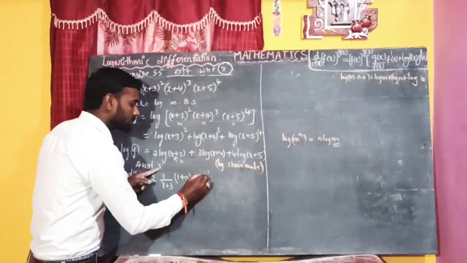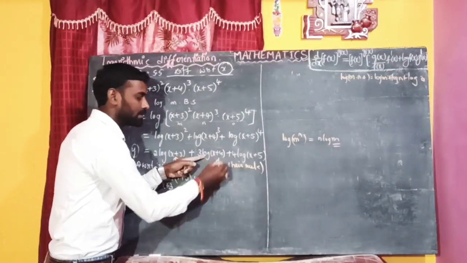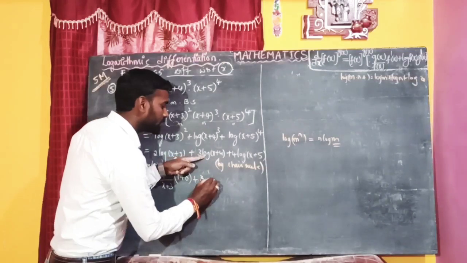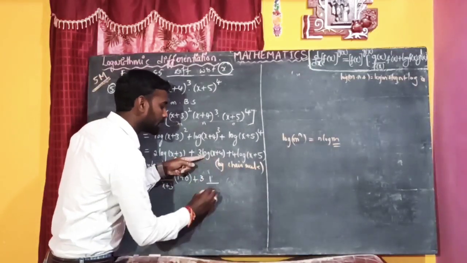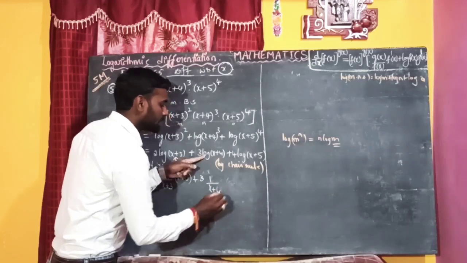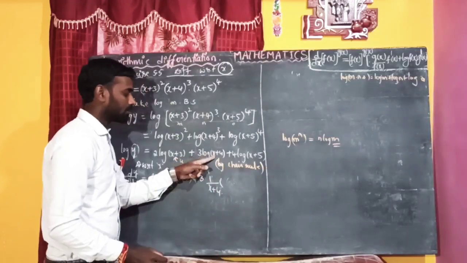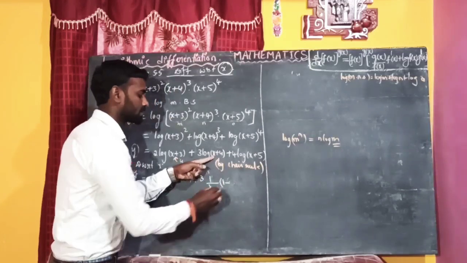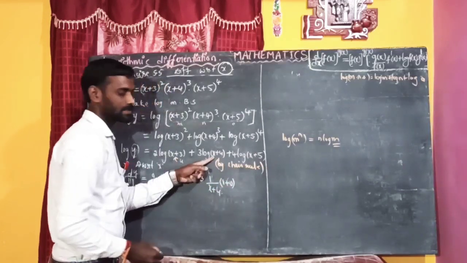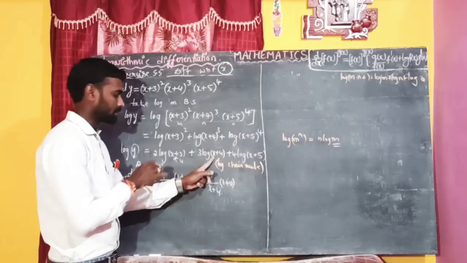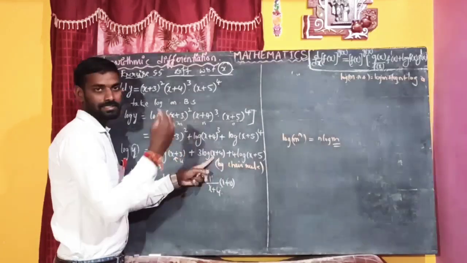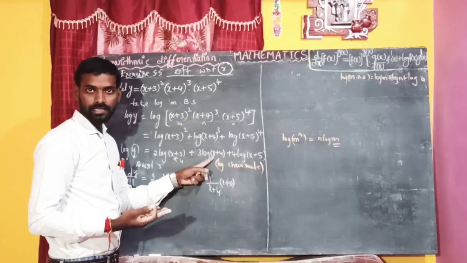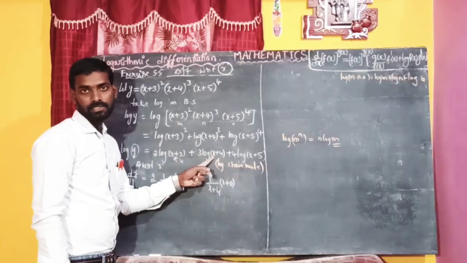Plus 3 into, now again this is of the form log u. Log u derivative is 1 by u. Here u is x plus 4 into derivative of x with respect to x is 1 plus derivative of 4 with respect to x is 0. Derivative of any constant, 3, 4, 5, 6, 100, 10,000, anything, is 0.